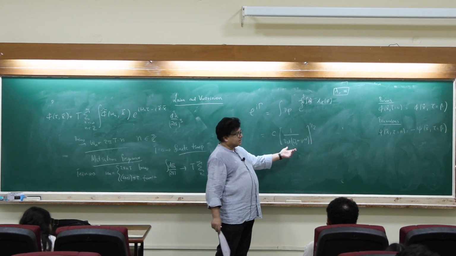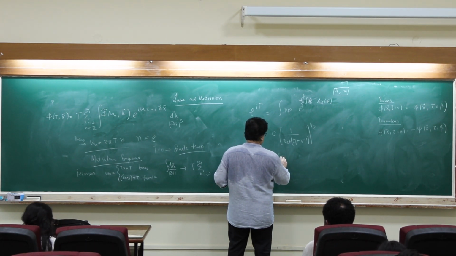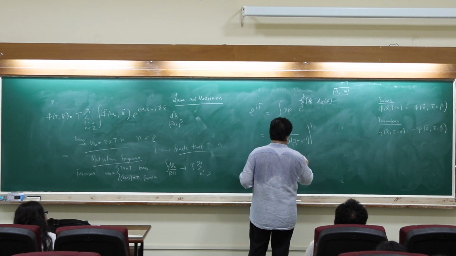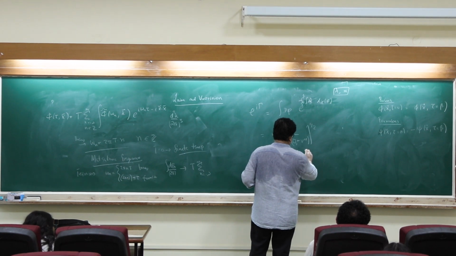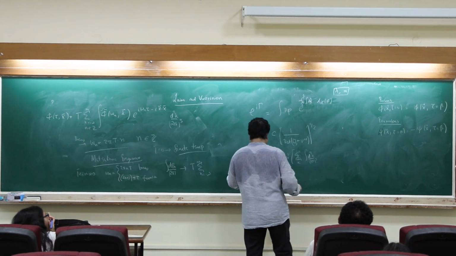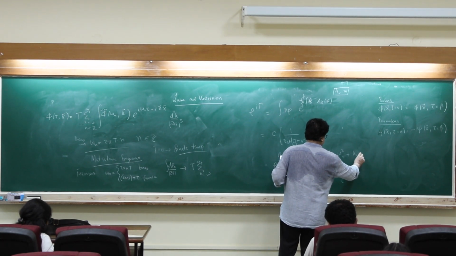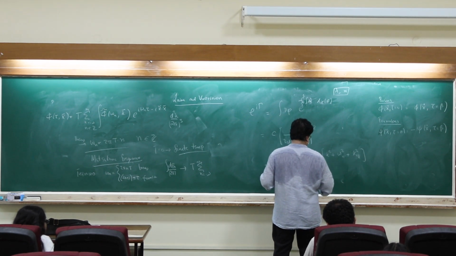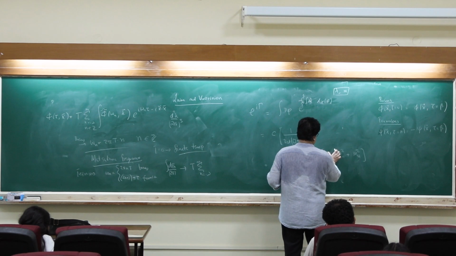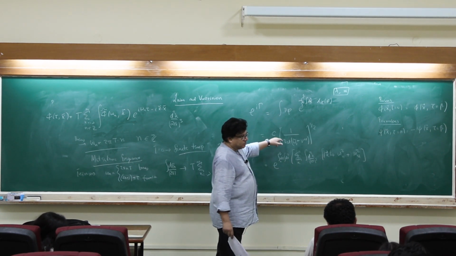So I get this just like earlier, and then I write it again as e to the exponential trace.